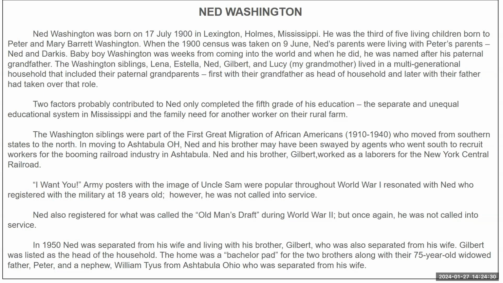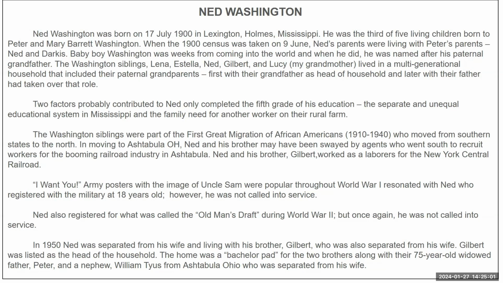who was also separated. And also in the household was a 75-year-old widowed father, Peter, and their nephew, William Titus from Ashtabula, was also separated from his wife. And in doing this timeline for Uncle Ned, I found my great-grandfather, Peter, in Chicago, because I thought he was in Mississippi still.